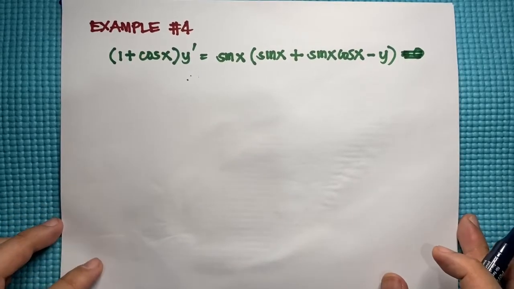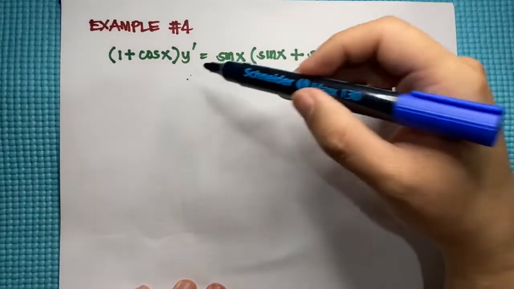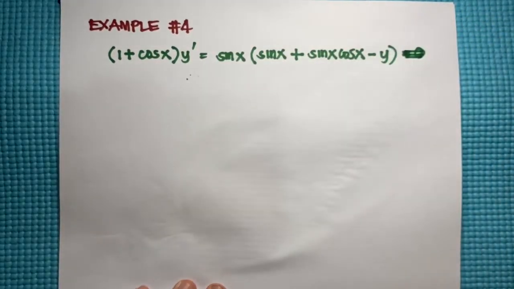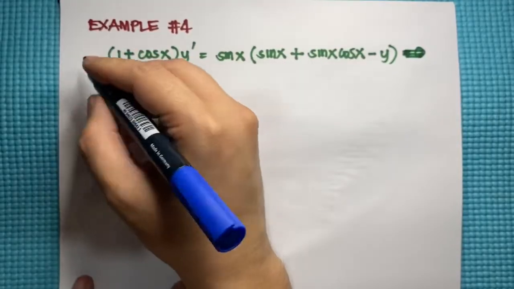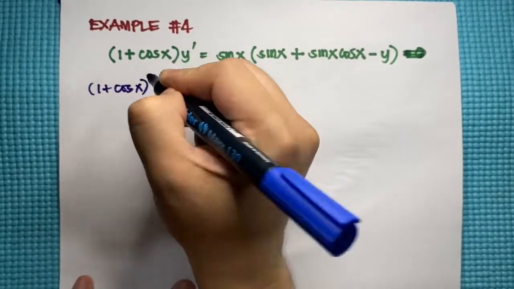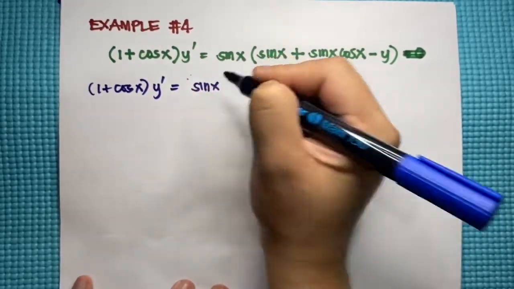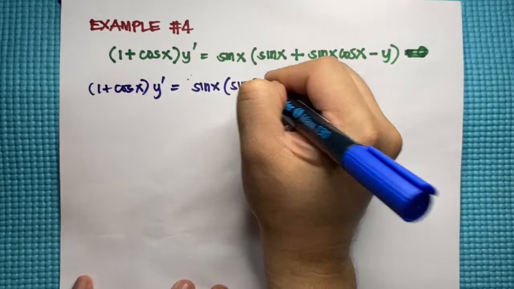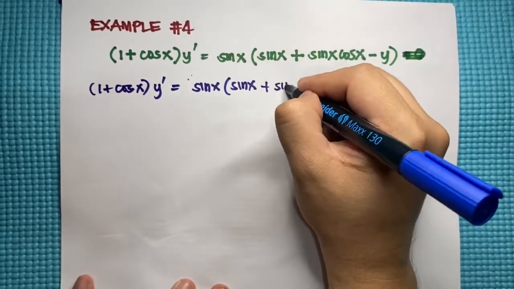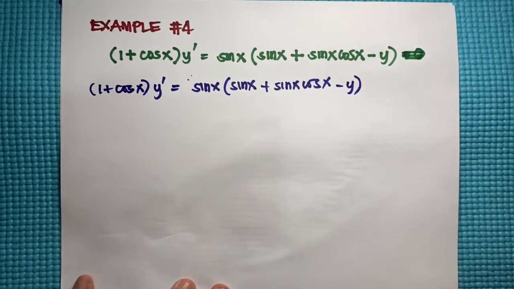And we need to transform this into the standard equation for a linear differential equation, and that is to leave y' alone. So I'll have (1 + cos x) y' equal to sin x (sin x + sin x cos x − y).